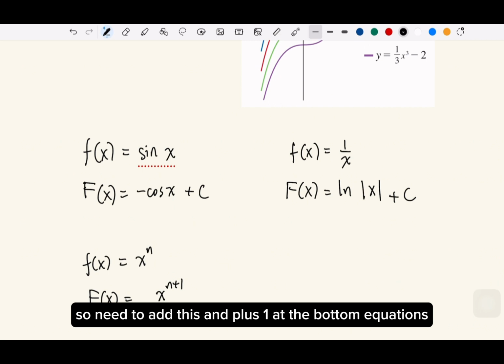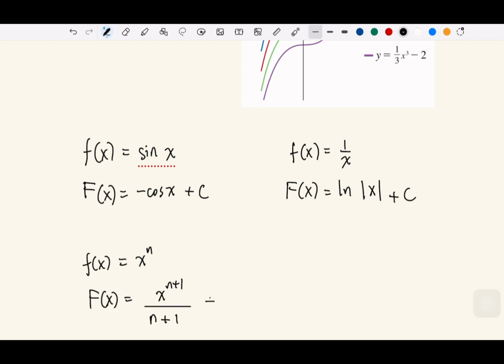So we need to add this n plus 1 at the bottom. And this is valid for n at least 0 or positive.